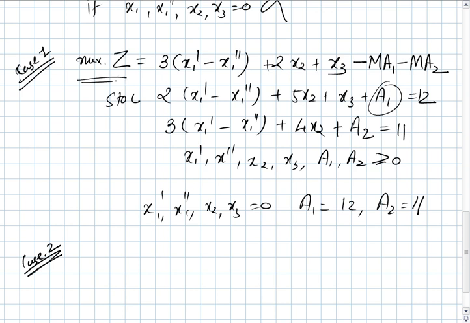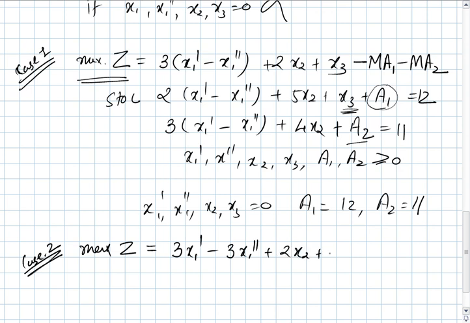So instead of introducing an artificial variable in the first constraint, we will just introduce one in the second constraint. Our problem will look like this: 3 x1 dash minus 3 x1 double dash plus 2x2 plus x3.